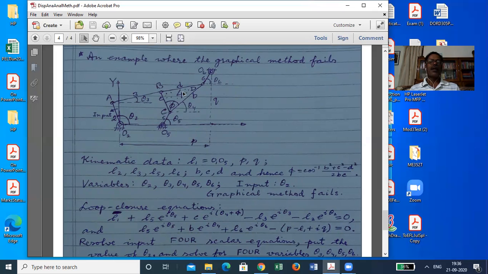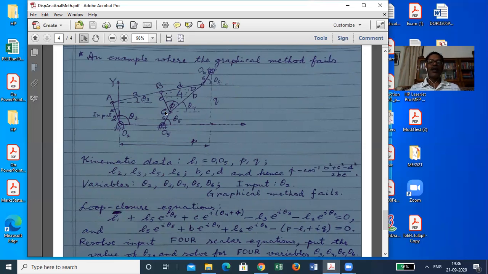I think the C and D, either the capital one or the small one, you have to exchange. You should actually exchange the capital C and D, not the small c and d, because the small c and d I have used here. So small c and d you retain. This capital C has to go here. This capital D has to come here. So this is a mistake.